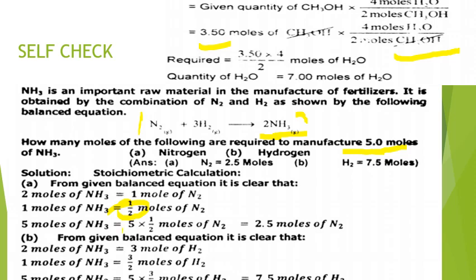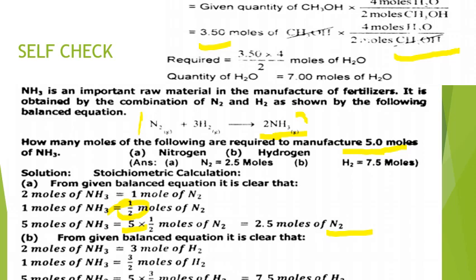Here we have 5 moles of it. So moles of nitrogen required is 5 into 1 upon 2, which is 2.5 moles of nitrogen to produce 5 moles of ammonia.